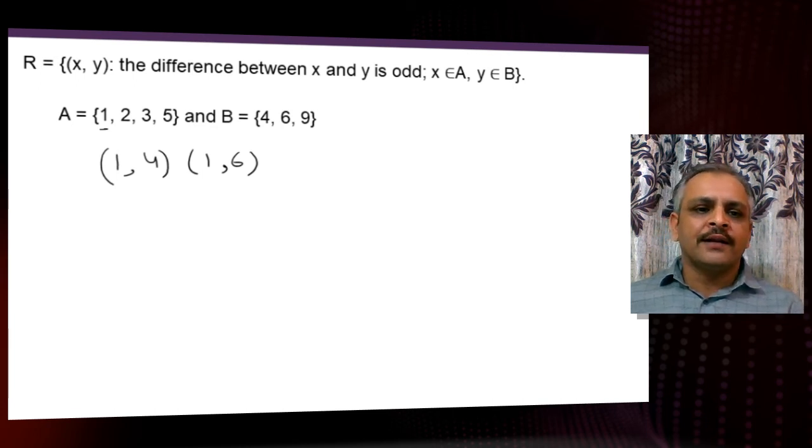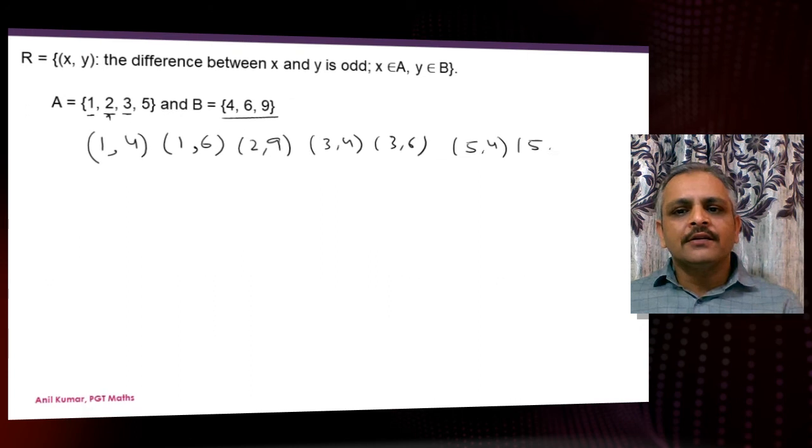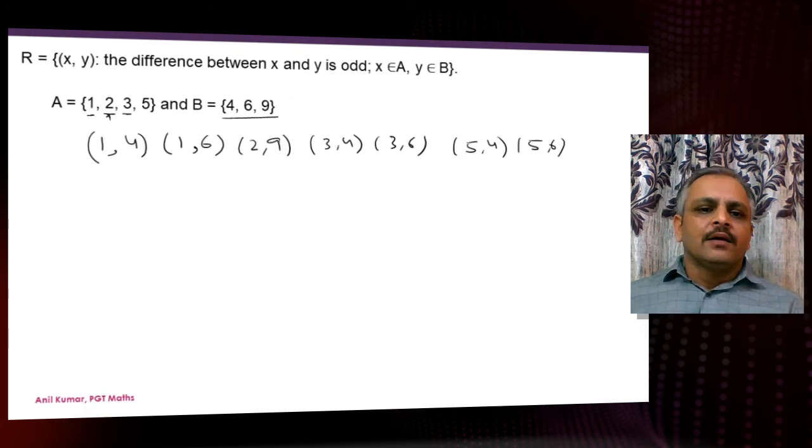So we will not write that. Then 2, if I am taking this even, then from this set I have to select an odd number. So 2 with 9. Then 3 is an odd number, 3 with 4 and 6. 5 with 4 and 5 with 6. So that is the way we can write the relation.